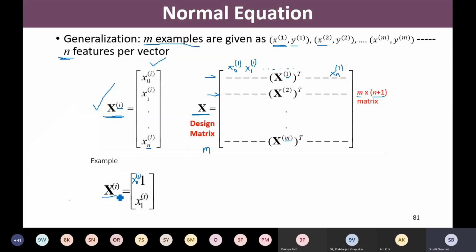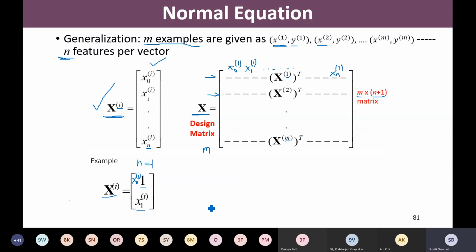So xi will be described as 1, x1i. I have been provided a single feature and I have added one more feature, that is 1. So the size of this column vector is once again n plus 1. Here n is equal to 1, a single feature, so I will have 2 elements: x0i, which is always 1, and x1i.